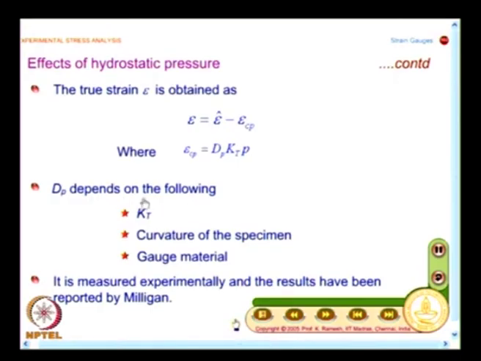It is a function of kT, it is a function of the curvature of the specimen, and it is also a function of the gauge material.